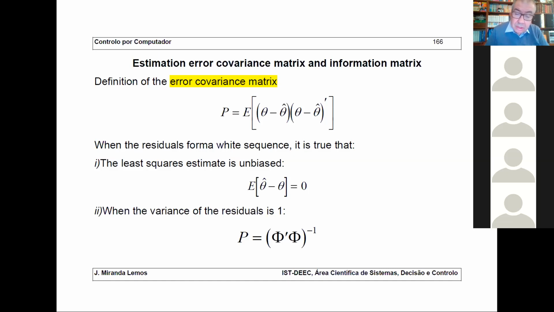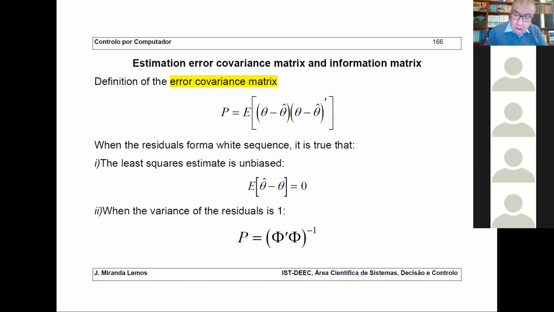You are speaking about the memory of the system from time to time. That's a completely different concept. So you can have a white noise and outliers.